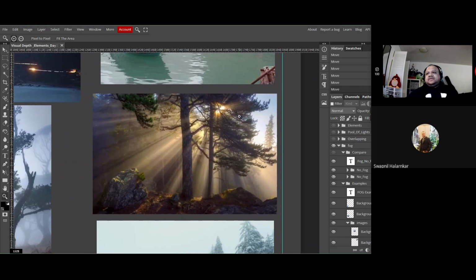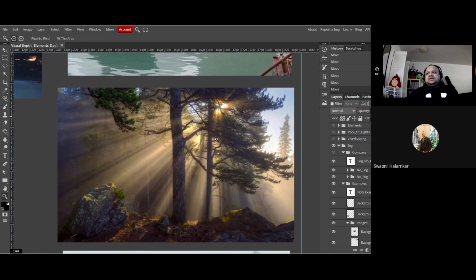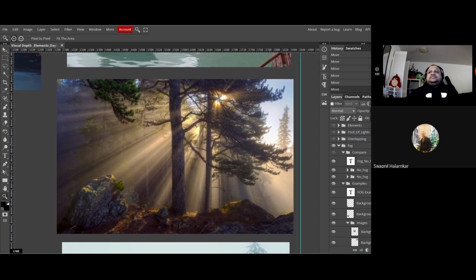Then we have this example of fog rays. These are somewhat like God rays or sun rays. It is how the fog will behave when the sun is there, and we get these rays. But there is one factor: you will see more fog when the rays are moving away from the camera.